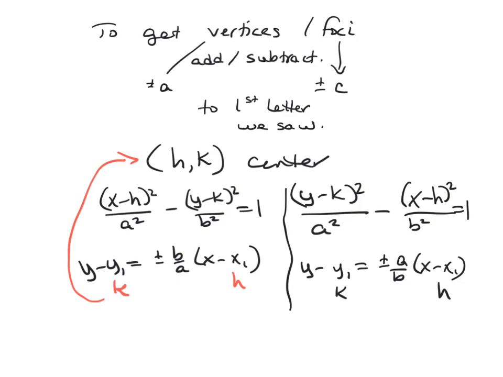Again, I highly recommend you go back and review the parabolas. Granted, the parabolas where it's a U and upside down U, those aren't really new to you. You probably saw them in Algebra 1, you saw them in Algebra 2. What's new to you is the format of the equation. It's a little different than what we saw at the beginning of the school year or what you saw in Algebra 1.